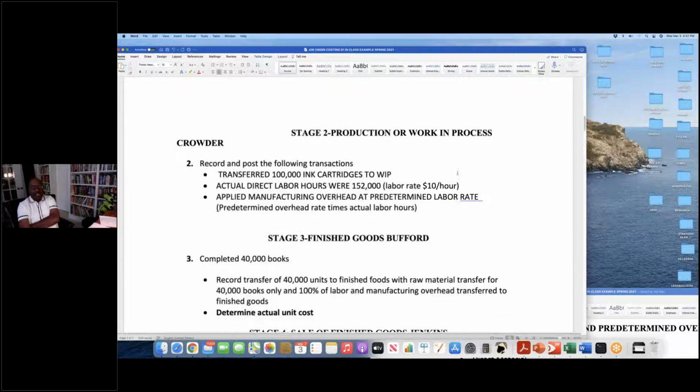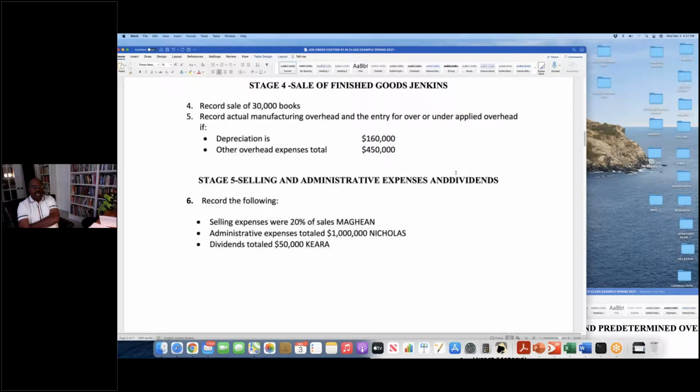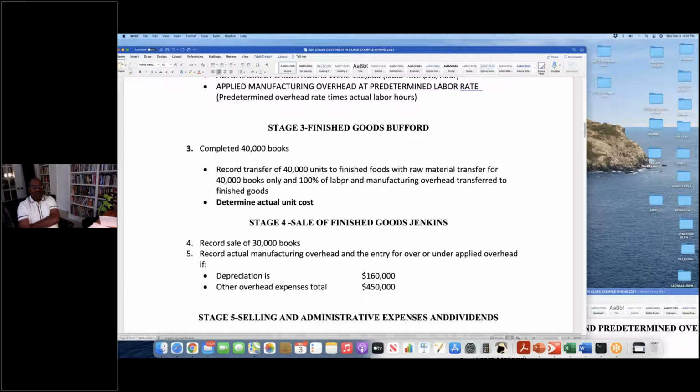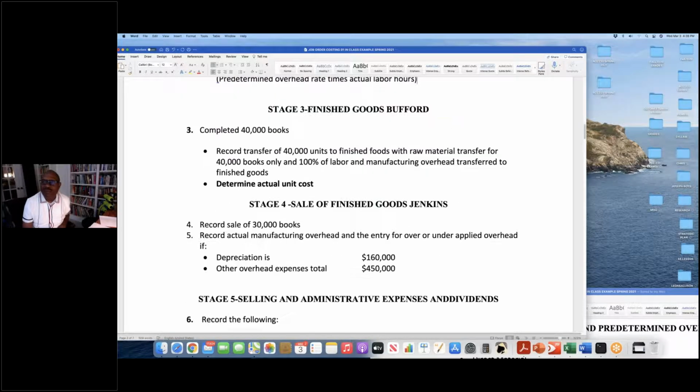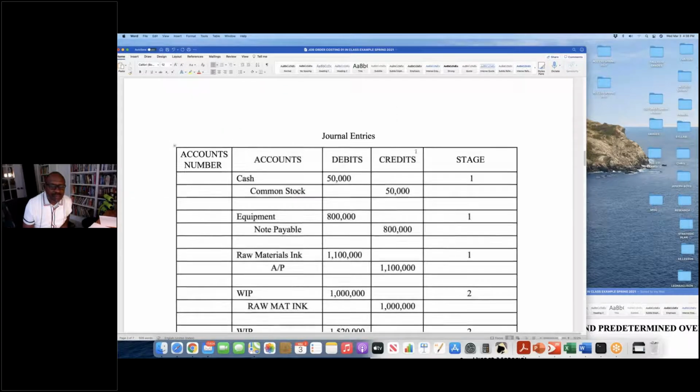The actual labor hours was 152,000. So it'll be 4 times 152,000, which is 608,000.